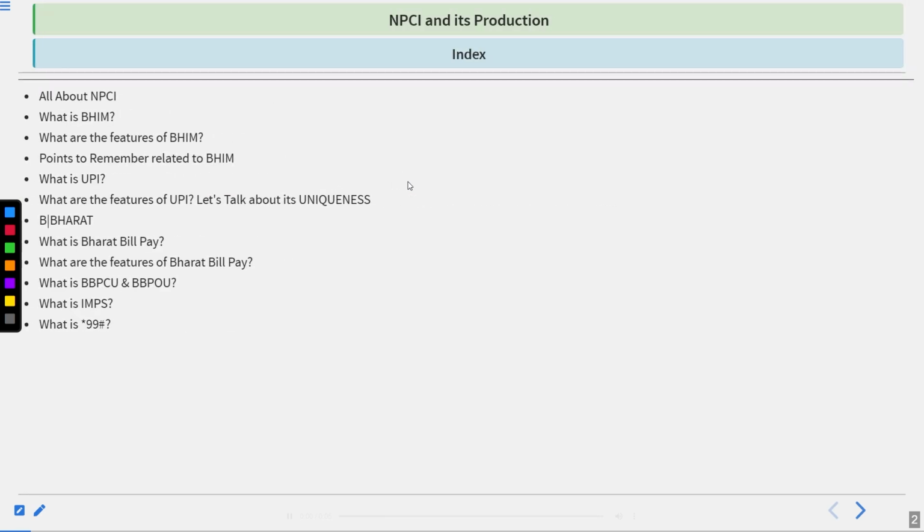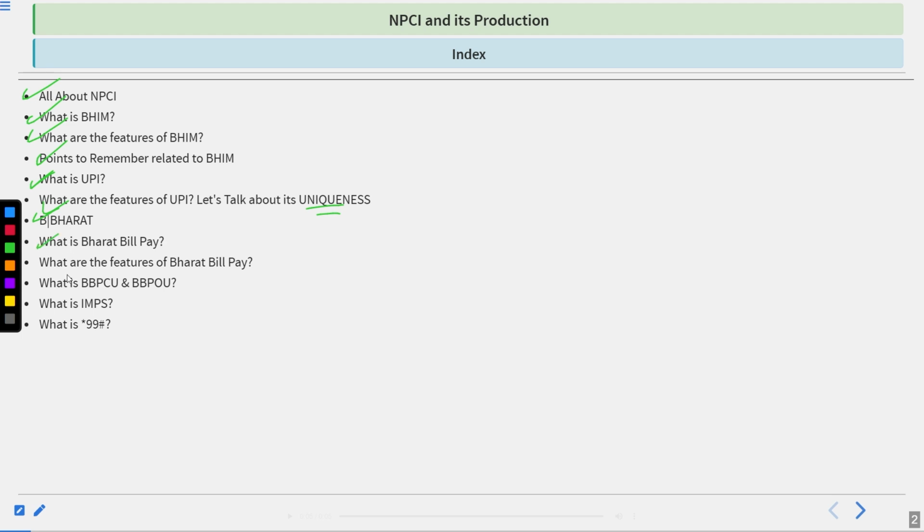In this lecture, we will talk about the NPCI, what we mean by BHIM, what are the features of BHIM, points to be remembered about BHIM, what is UPI, what are the features of UPI, and its uniqueness.